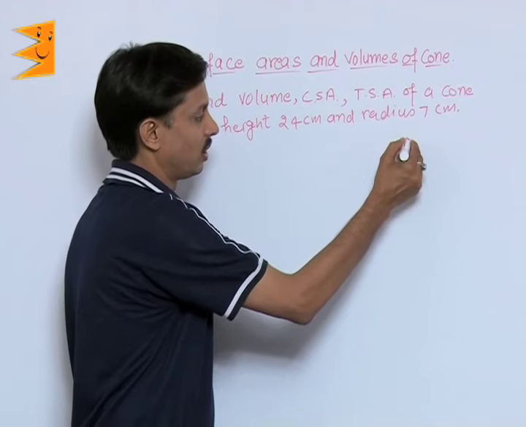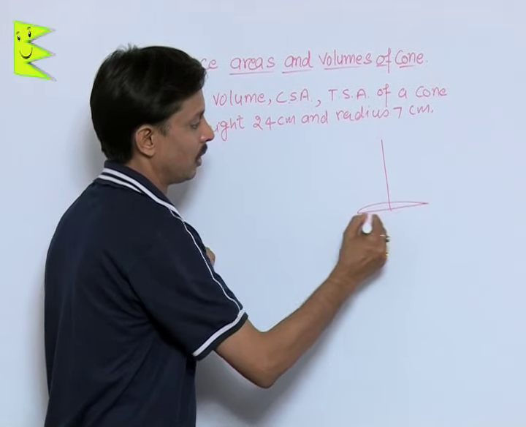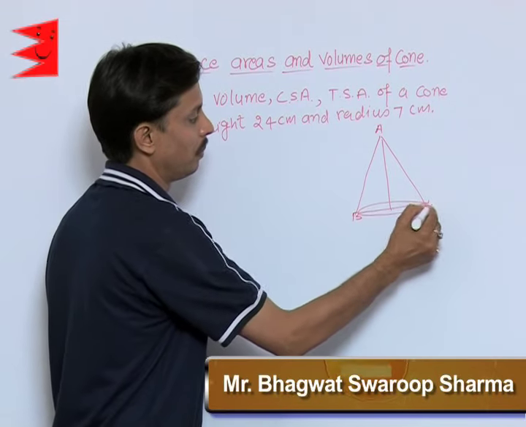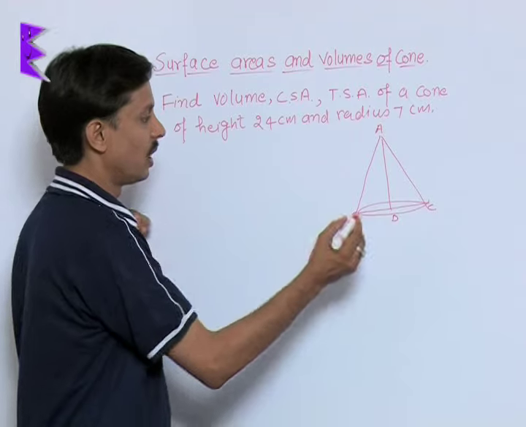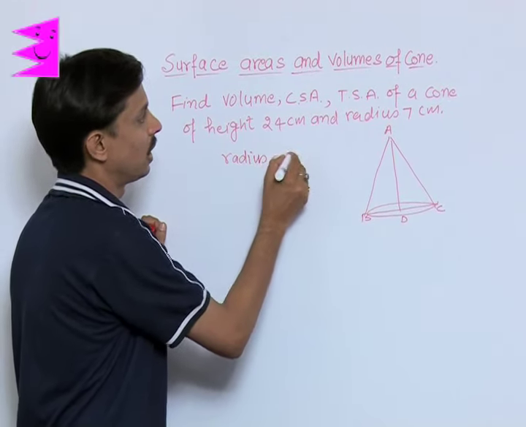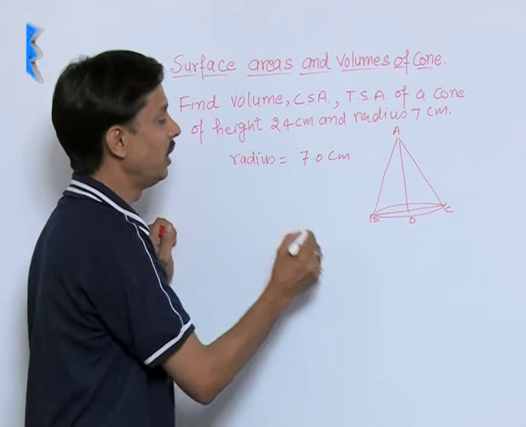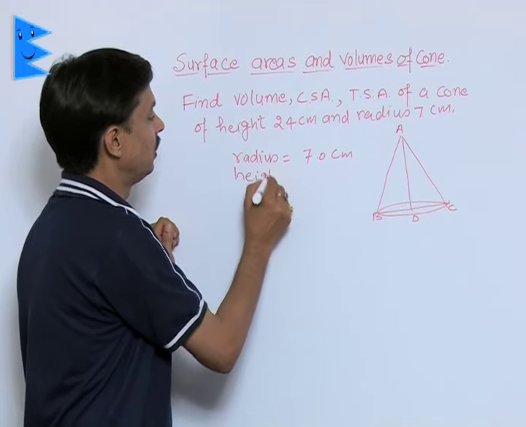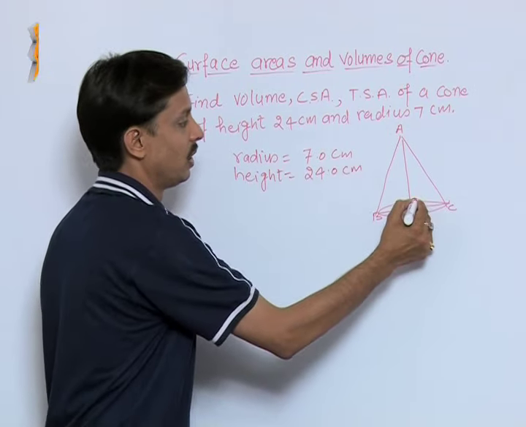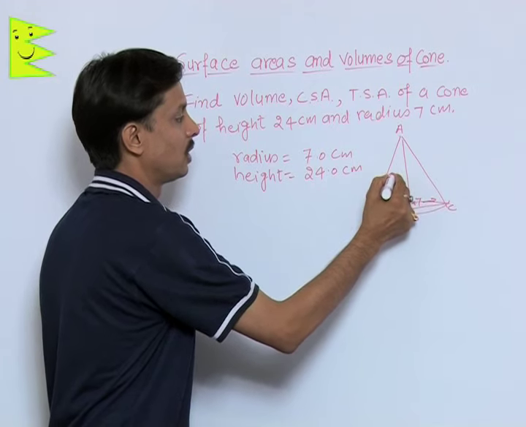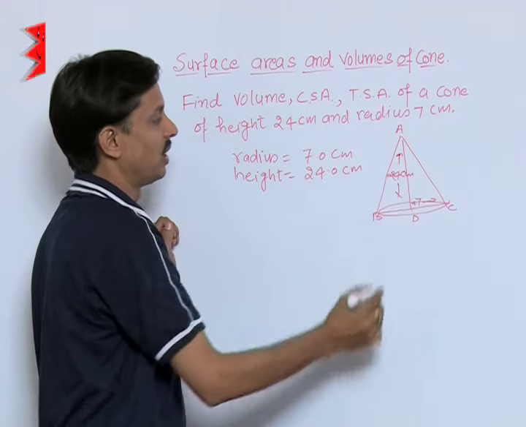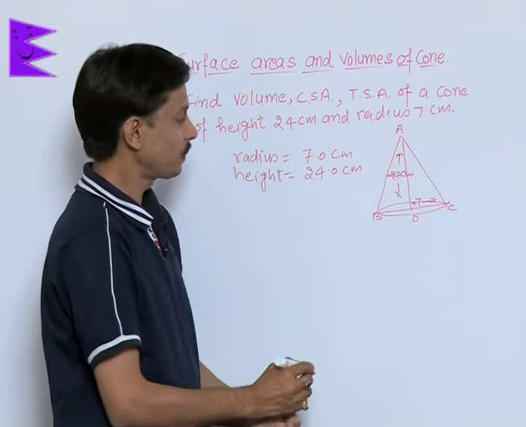If I draw the shape, suppose this is the cone labeled as A, B, C, D. Here the radius of the cone is how much? 7 centimeter, and the height of the cone is 24 centimeter. This is 7 and this part is 24. 24 centimeter and 7 centimeters are height and radius respectively.